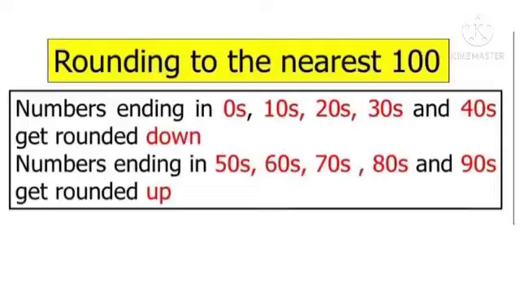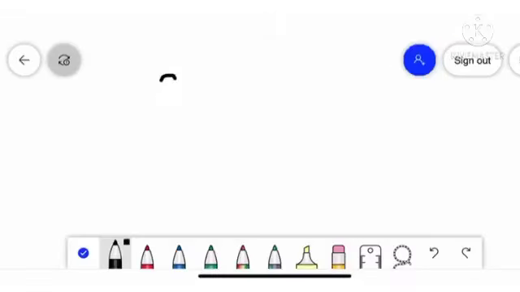So basically 0 to 49 we are going to round down, and from 50 to 99 the number is going to be rounded up. So in short, if it is less than 50, the number is going to be rounded down, and if it is greater than or equal to 50, the number is going to be rounded up.